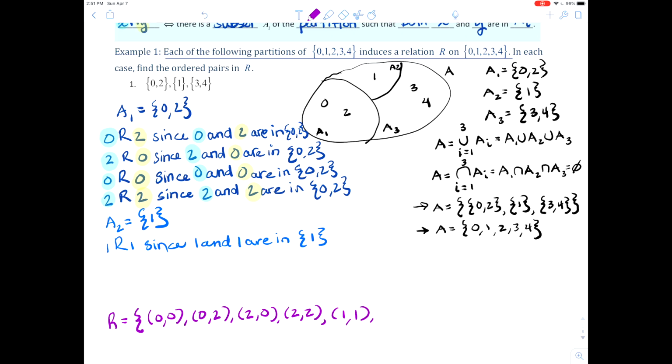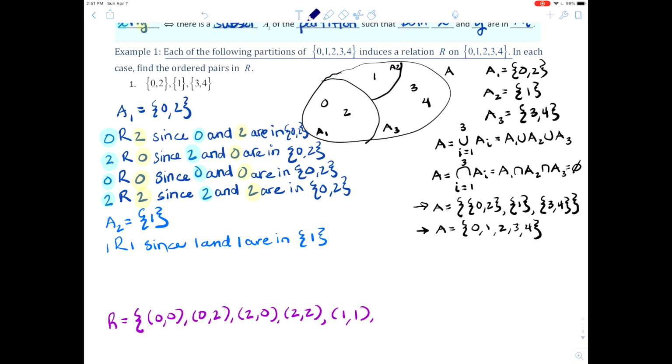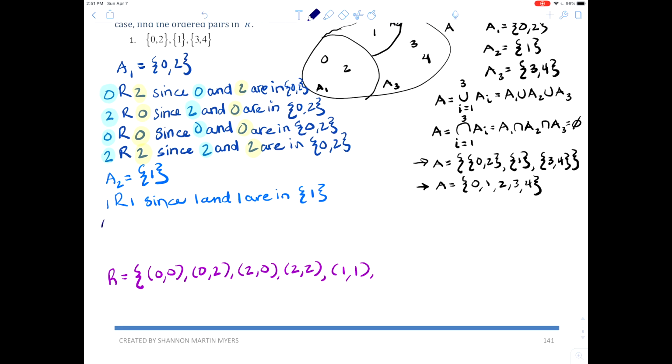And then we have our last one. So what's going to happen? Well, for A3 equal to {3, 4}, we know that 3R4, right?